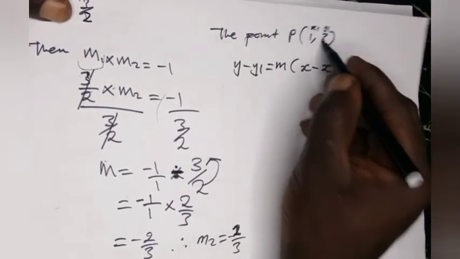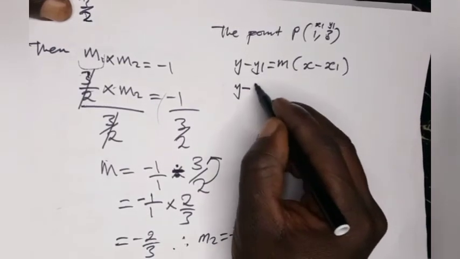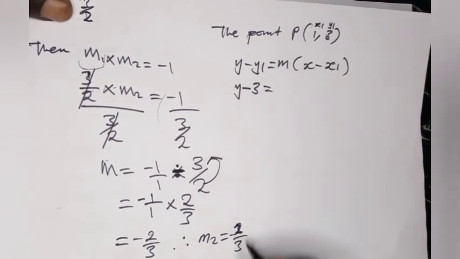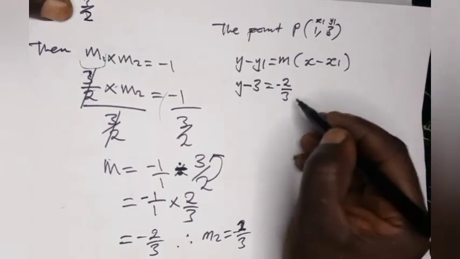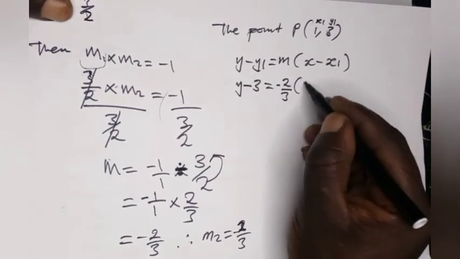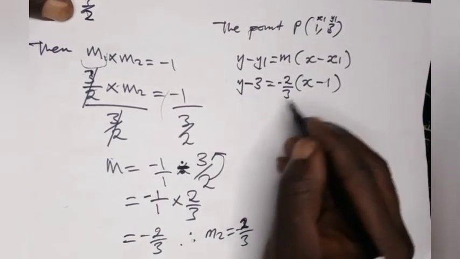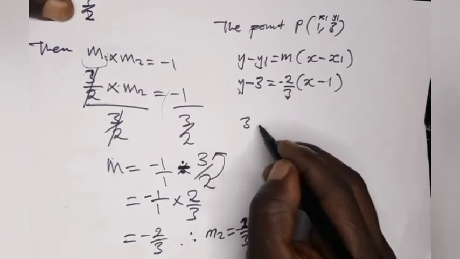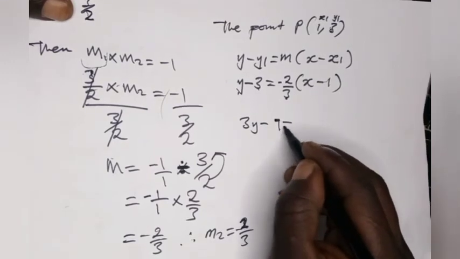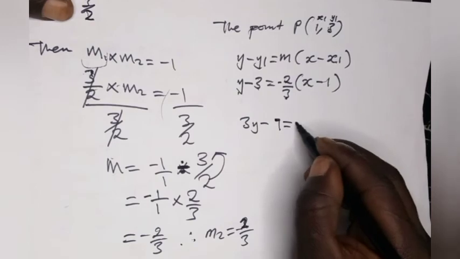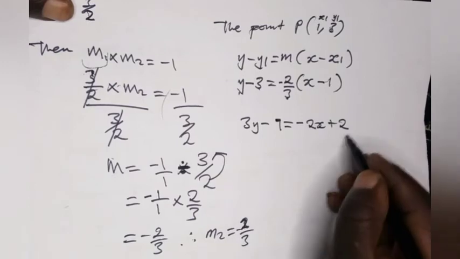So y1 is 3, and the gradient we found is negative 2 over 3, open bracket x minus, where there is x1 we put minus 1. Then we multiply 3 times y, which is 3y, 3 times 3, which is 9, then negative 2 times x, which is negative 2x, negative 2 times negative 1, which is positive 2.